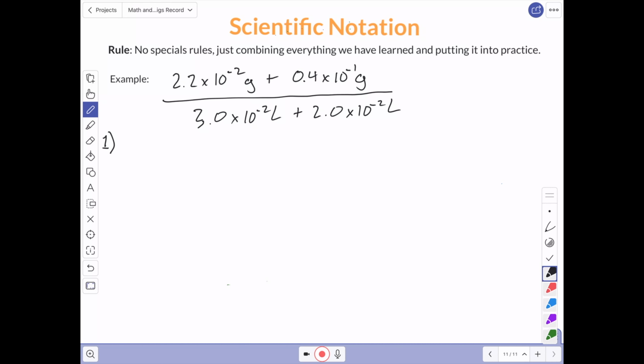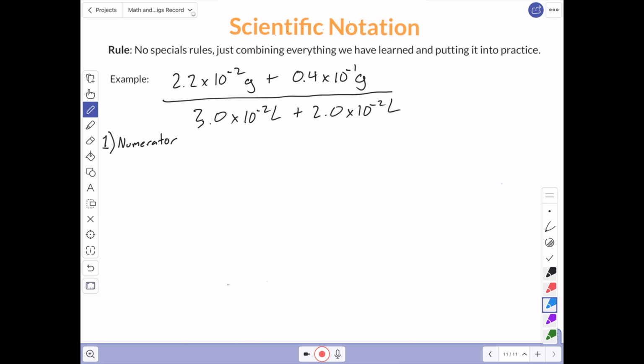Let's do the numerator. We know that we have to do it vertically, and we know that the first step in scientific notation math with addition and subtraction is to make sure the exponents are the same.